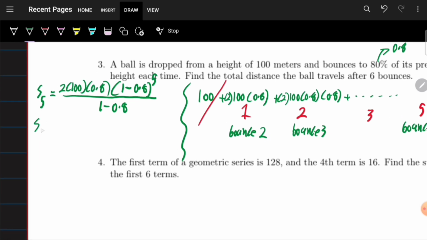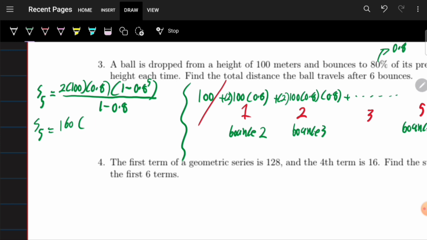So let's see what this comes out to. S5 is equal to 2 times 100 times 0.8, that's 160, and then we have 1 minus 0.8 to the power of 5, in brackets.